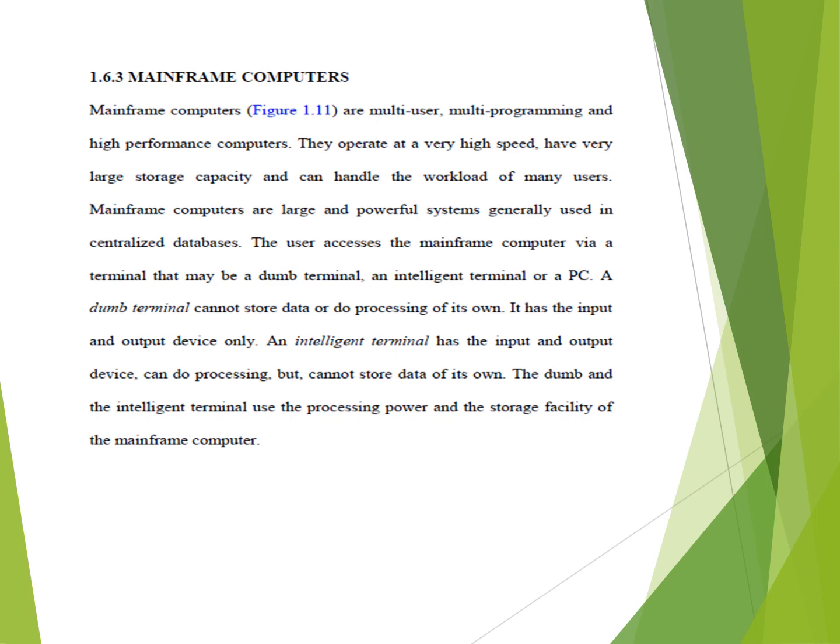An intelligent terminal has input and output devices and can do processing, but cannot store data of its own. The dumb and the intelligent terminal use the processing power and the storage facility of the mainframe computer.